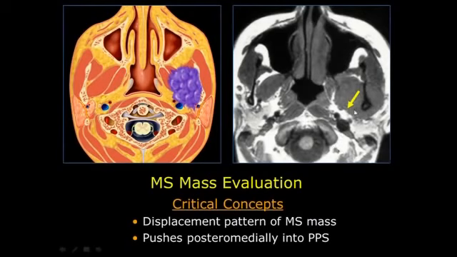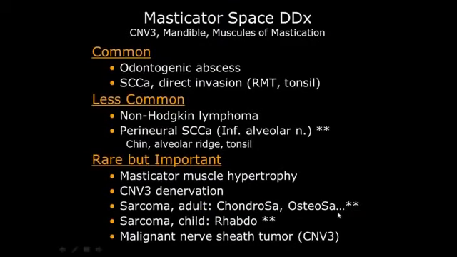It usually injures the mandible in some way and then begins to push on the parapharyngeal space from anterior to posterior. In very large lesions, this can be helpful. So I have a very extensive masticator space differential.